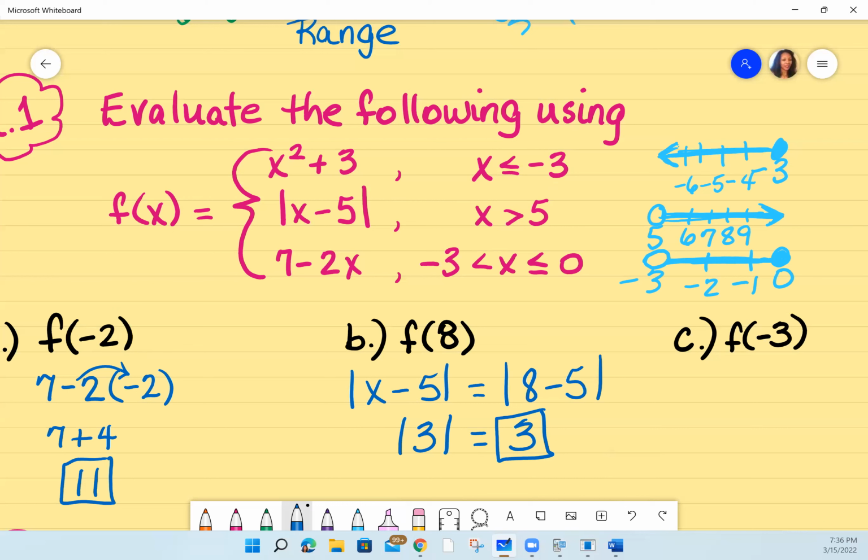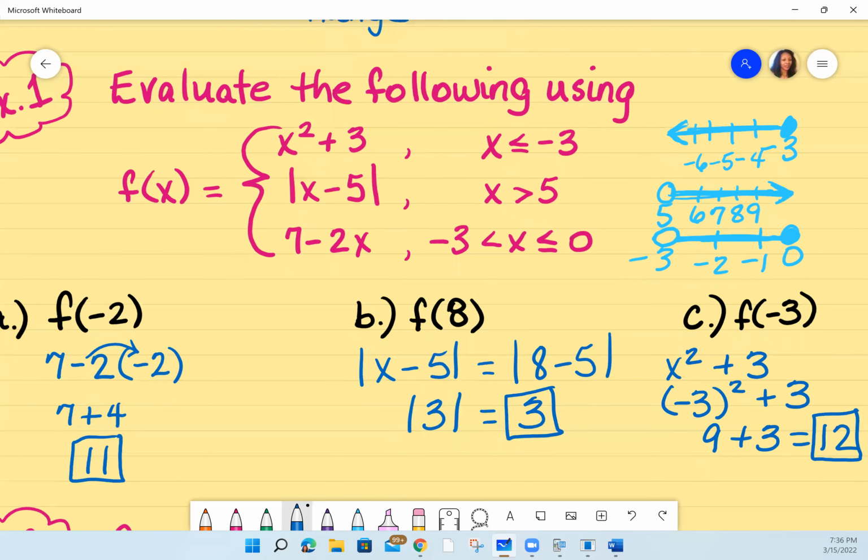And now I just want to take that rule, which is x squared plus 3. But instead of x, I want to replace it with -3. And again, make sure you put it in parentheses. Otherwise, you will get the wrong answer in your calculator. -3 times -3, that's what -3 squared means, is positive 9. 9 plus 3 is positive 12. So that's my answers when I'm evaluating.